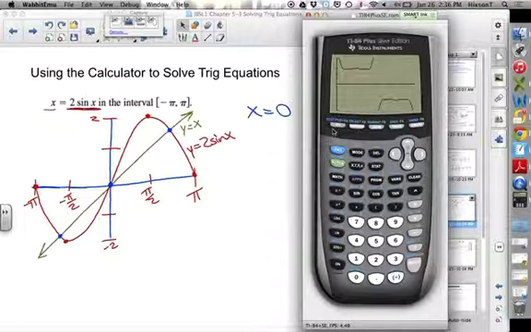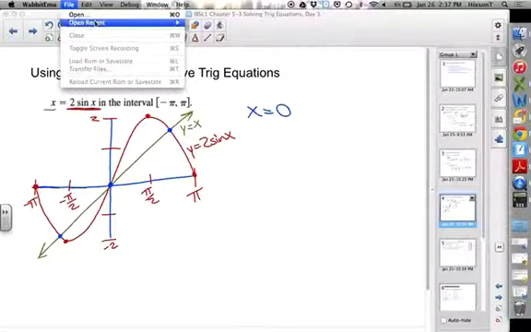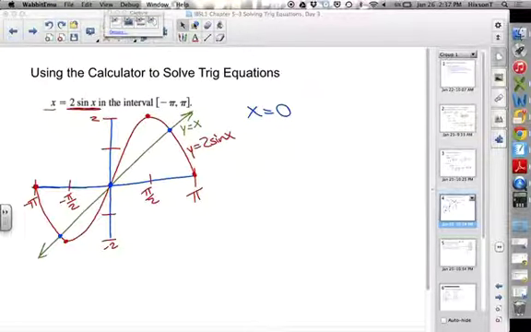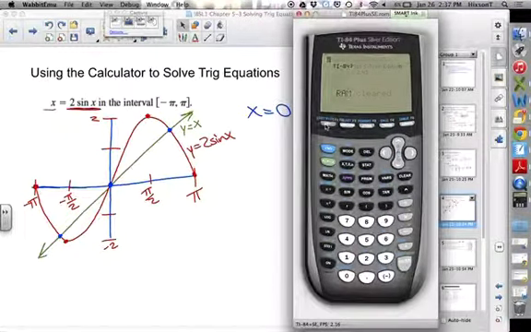I'm going to make my x range for my window go from negative pi to pi. We have y equals x in one graph, and we have y equals 2 sine of x.